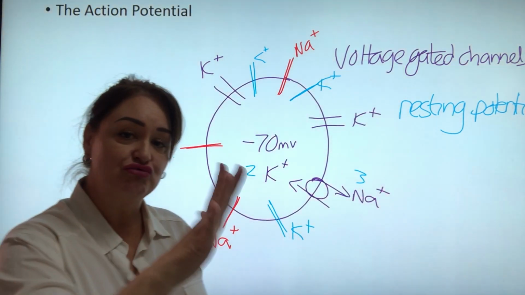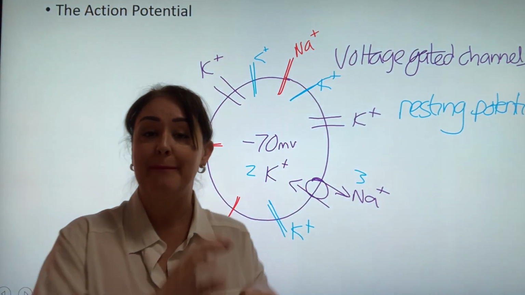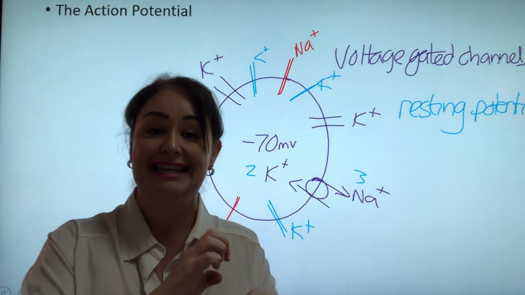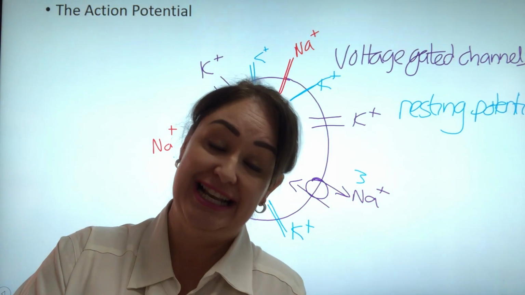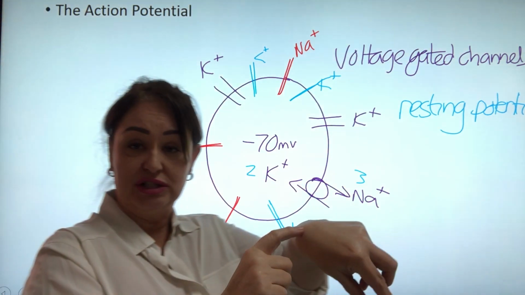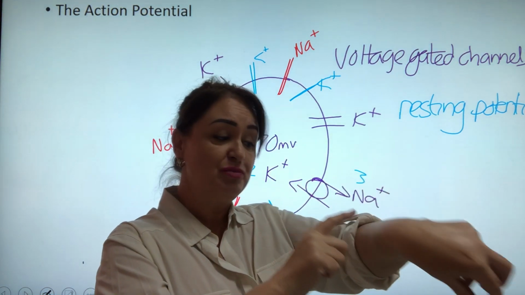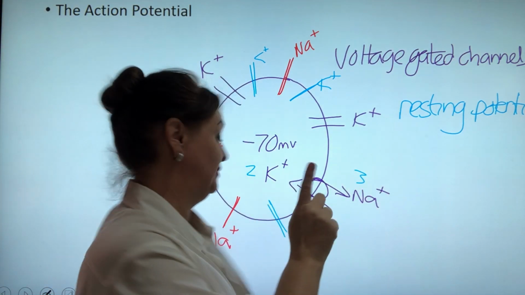Now let's think of this really easy example. Imagine we're talking about a pacinian corpuscle. That is the receptor that is in your skin. Imagine I'm going to push part of your skin, but I'm not going to push it very much. In fact, I'm going to touch part of your skin. You can't even feel me touching it.